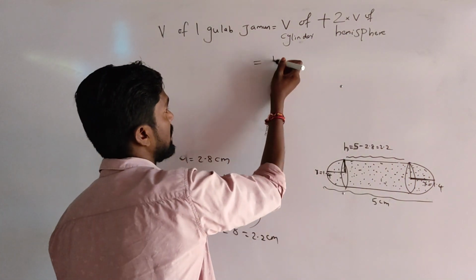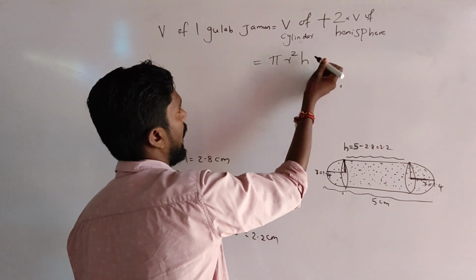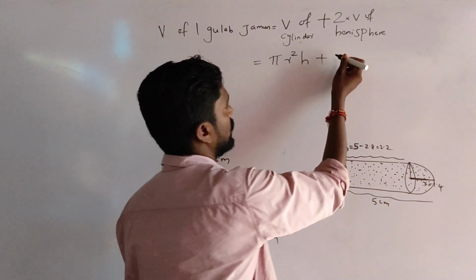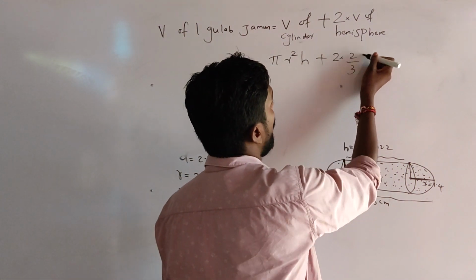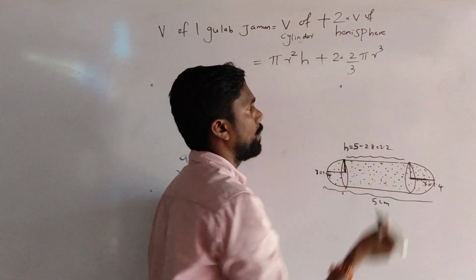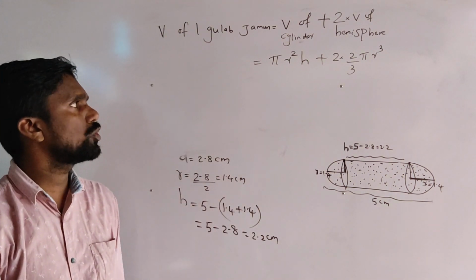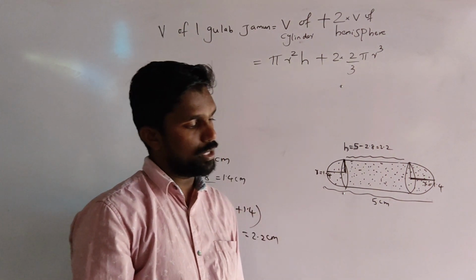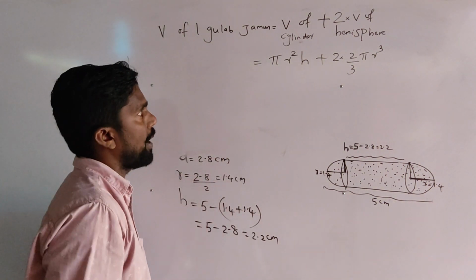Volume of the cylinder is pi r square h. Volume of a hemisphere means 2 by 3 pi r cube, so 2 hemispheres is 2 into 2 by 3 pi r cube.